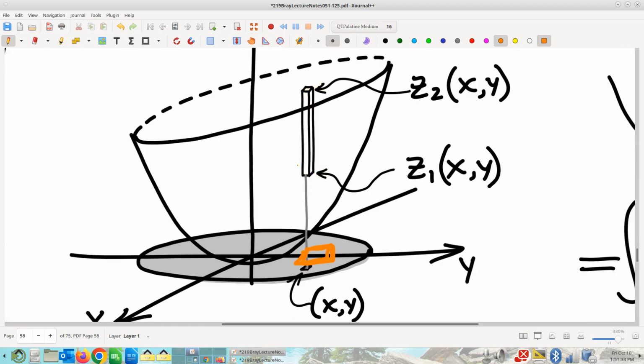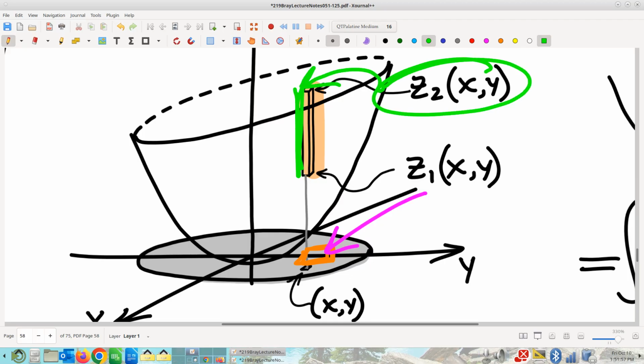Let's see here, color choices. What would I multiply by this area to get this volume? And in fact, it would be that height. This value of z at that point minus this value of z at that point. Height times area gives you volume.